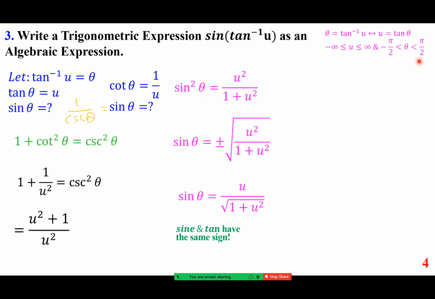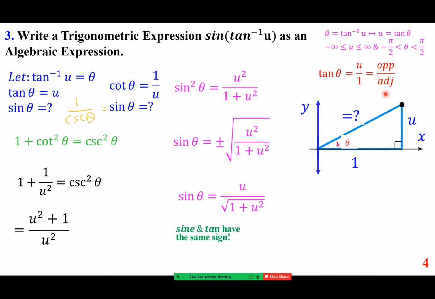Another way of doing this, and sometimes it makes it faster and easier, is that if we go with a triangular format, tan is u, therefore u over 1, or opposite over adjacent. So this is u over 1, and this is theta. So this question mark, which is the hypotenuse, we square this one, we square this one, we add them up, and take the square root.